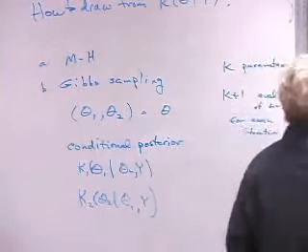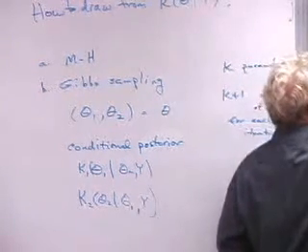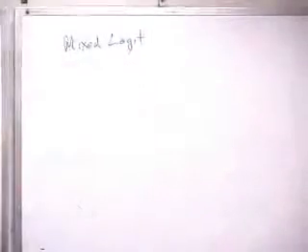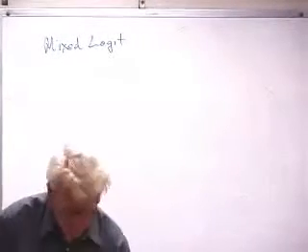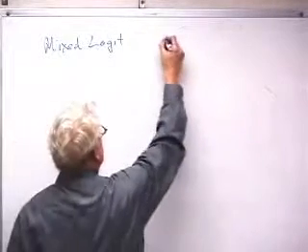Okay, so let's have a mixed logit model and show how we'd do it there. And as you'll see, it actually ends up being easier than maximum likelihood. So we've got our model.